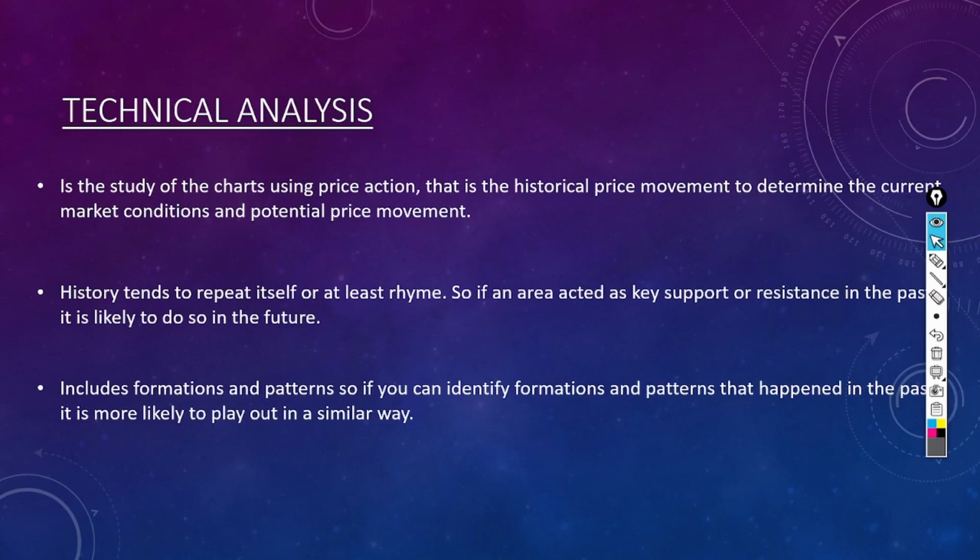History tends to repeat itself, or at least rhyme. So if an area acted as key support or resistance in the past, it is likely to do so in the future. Technical analysis includes formations and patterns. So if you can identify formations and patterns that happened in the past, then it's more than likely to occur again and play out similarly.